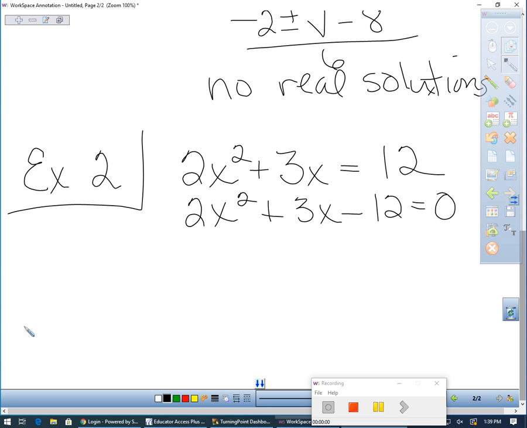Now my a value is 2, my b value is 3, and my c value is negative 12. All right.